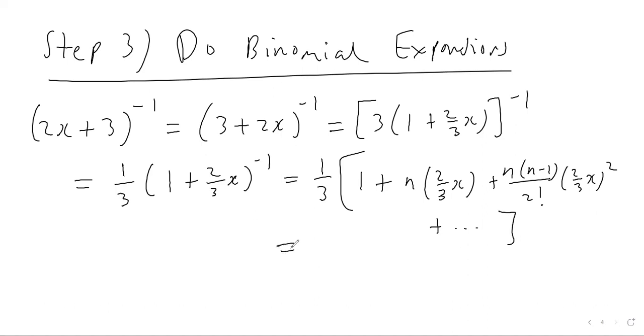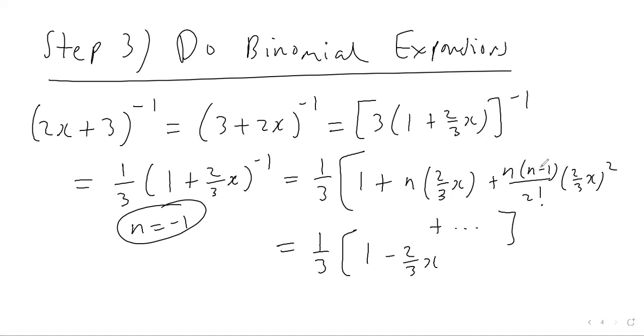So if we sort this out, n is going to be minus 1, as we can see up there. So just plug that into the result. A third times 1 plus, well, minus 1 times 2 over 3 is just going to be minus 2 over 3x. n is minus 1, times minus 2, because minus 1 take away 1 is minus 2. We get positive 2 divided by 2 factorial, which is just the number 1.